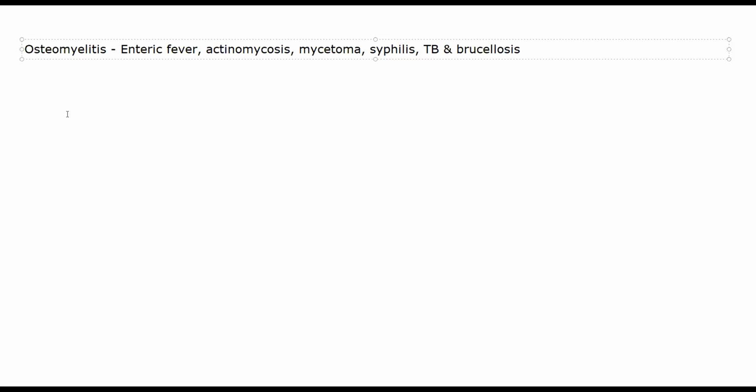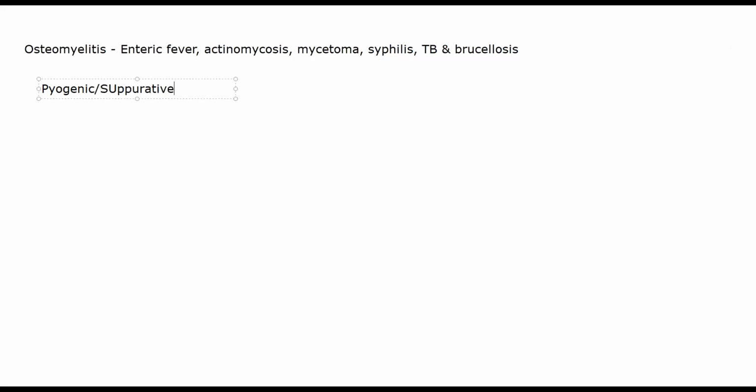Most common bacteria that causes pyogenic osteomyelitis, the infective, suppurative, pus forming type of osteomyelitis. Okay. Most common cause will be Staph aureus.